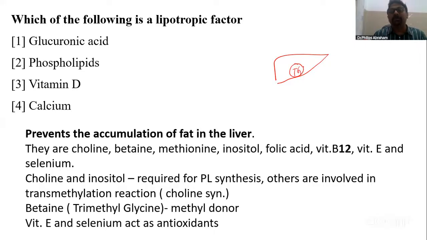It is transported out by VLDL to tissues. Instead of storing triglyceride in adipose tissue, sometimes a lot of fat may get stored in the liver. We call it fatty liver.